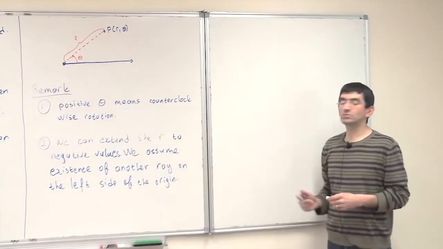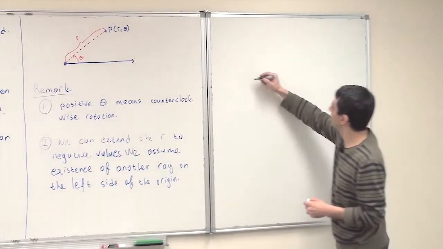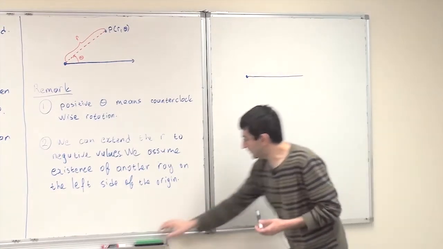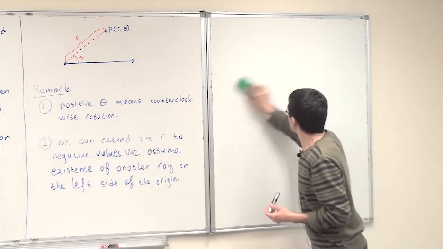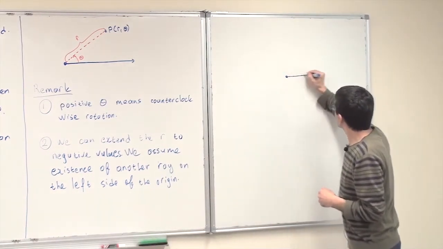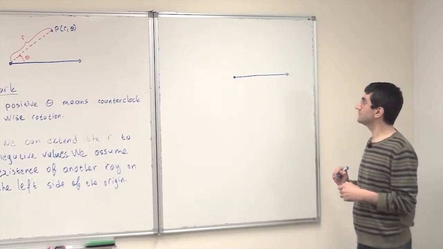Now, let's do another sketching where we explain those points given in the remark. Okay, so this is our polar coordinate system.